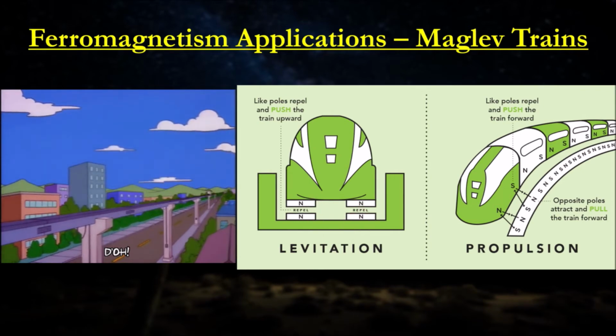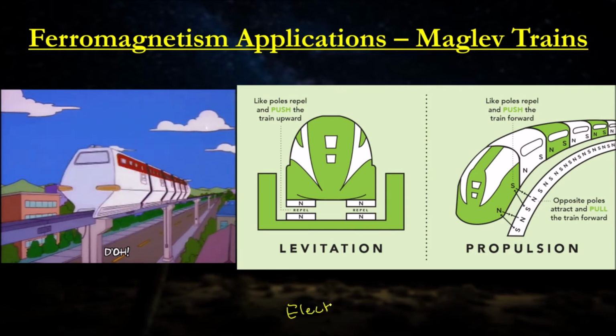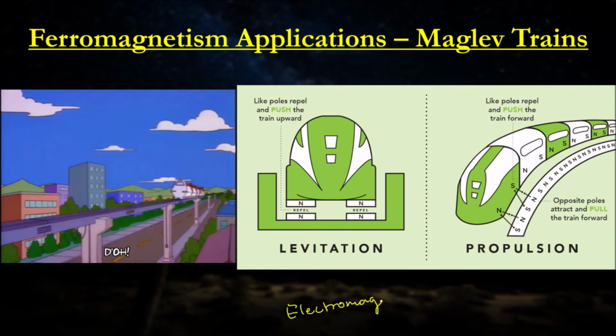Now, how do we get these magnets to do this? We actually use things called electromagnets. If you remember, electromagnets are magnetic fields that can be induced by electric current. So we generate a really high voltage AC electricity to generate this kind of levitation. In order to propel the train, we cause a really strong attraction and repulsion.